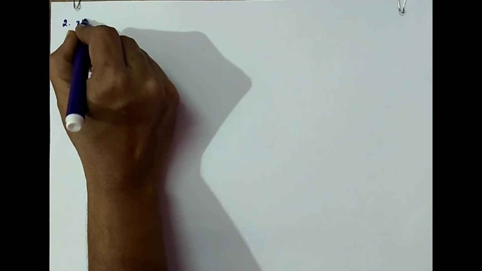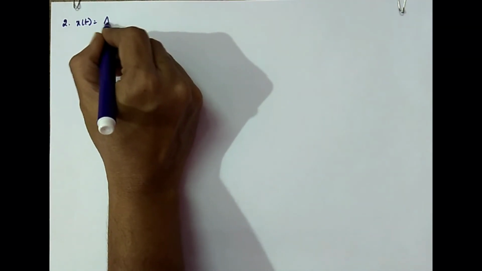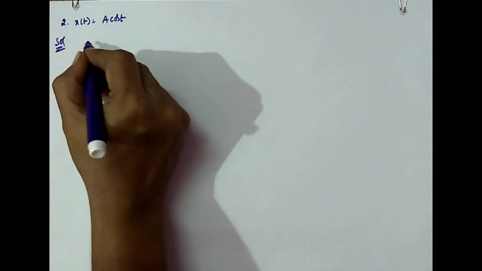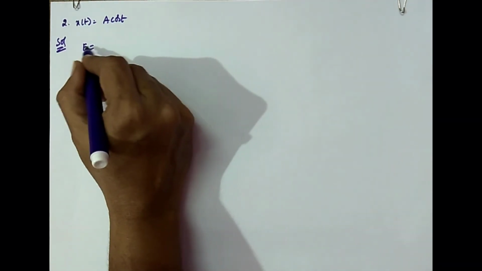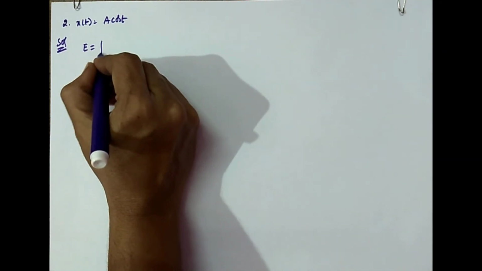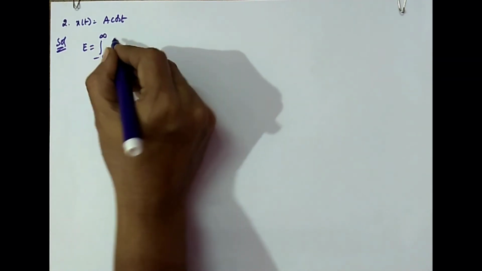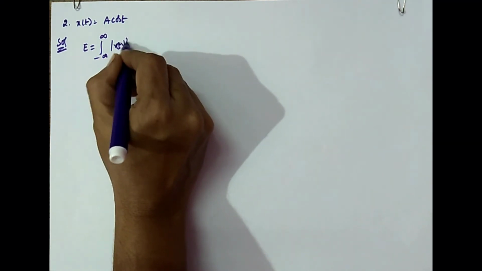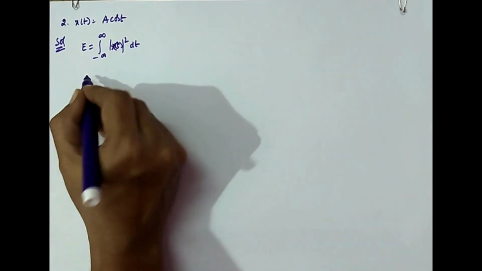Now take other problem. Find whether the given signal is energy signal or power signal. Same. Find out your E. Integral minus infinity to infinite x of t whole square dt.